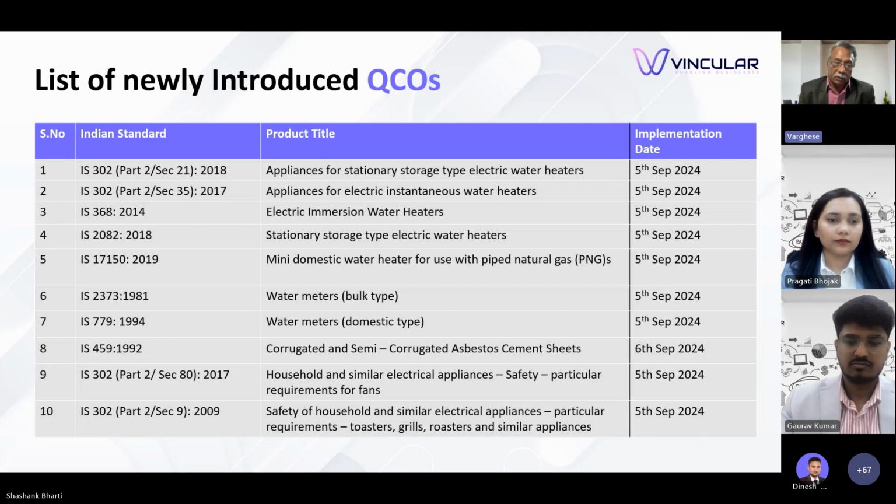So we should be totally informed about the standard and requirements, and see that your product complies with all requirements of the standard. For example, I will just take one of the requirements given in this IS 302, and that's why I am saying that safety is given a lot of importance in this. There's an abnormal operation requirement.